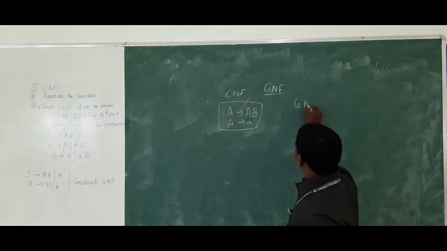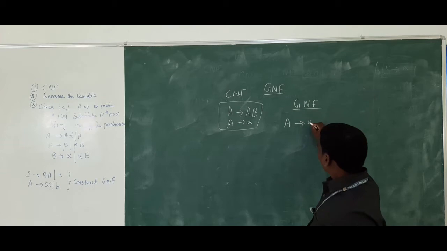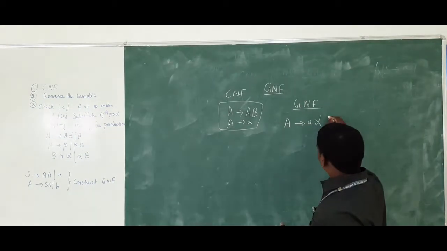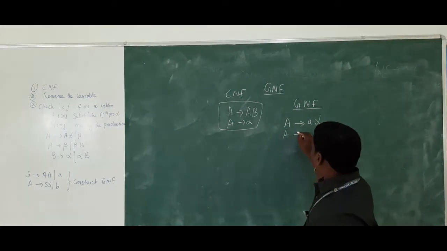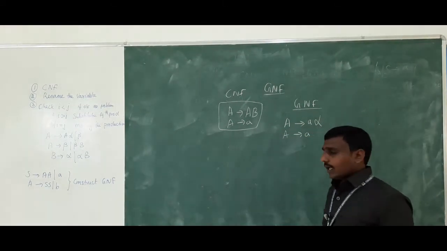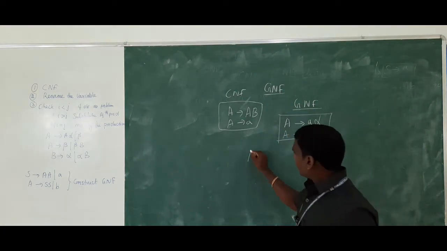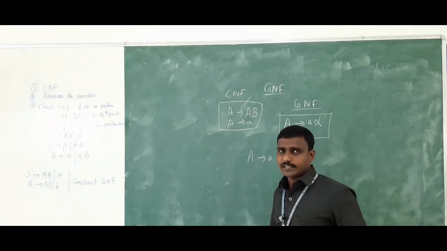And for Greibach normal form, he suggested that one variable tends to one terminal alpha, or one variable tends to a terminal. Clear? I will explain what is terminal alpha. One variable tends to terminal, whatever it is, a small letter, that is a terminal.